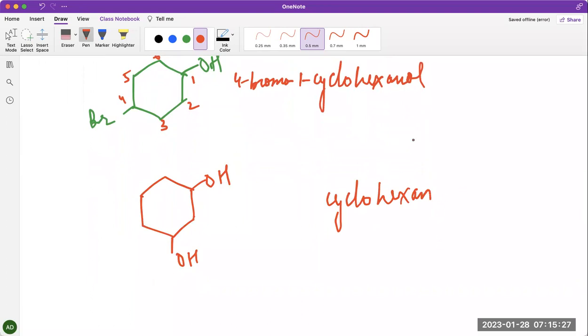For OH, the suffix we use is ol, but since we have 2 of them, this will be cyclohexane diol because I have 2 alcohols. But then I need to tell you the position for both. So if I number this 1, this is 2, then this will be 3. So this is 1,3-cyclohexane diol. You could have also called this cyclohexane-1,3-diol, and that's also totally fine.